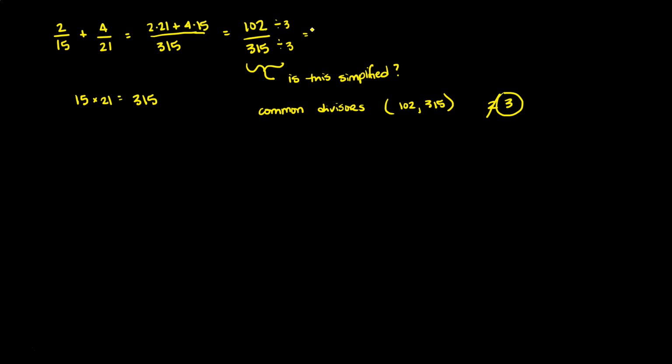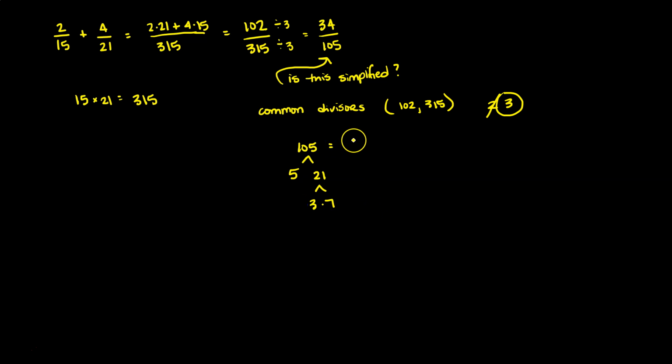If I divide 102 by 3, I get 34. And if I divide 315 by 3, I get 105. If I wanted to check, is this simplified? All I need to do is look at the factors of 105 and look at the factors of 34. 105 might be easier to factor because I can divide it by 5 right away. 5 times 21. 21 only has 2 factors, that's 3 and 7.